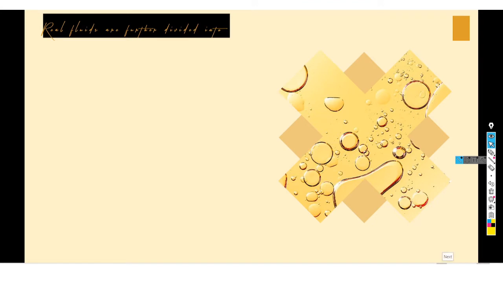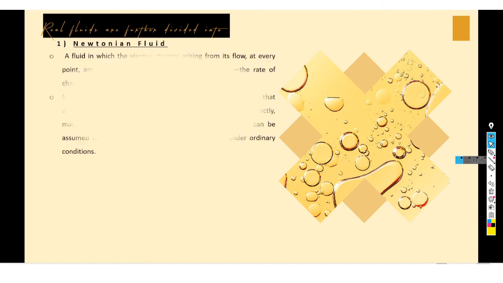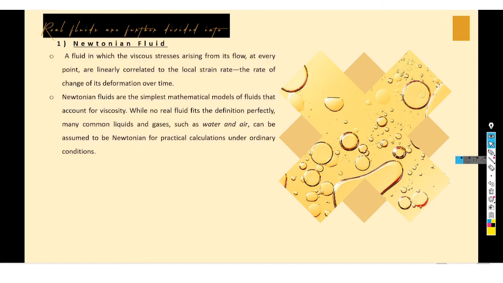Real fluids are further divided into, one, Newtonian fluid, which is a fluid in which the viscous stresses arising from its flow at every point are linearly correlated to the local strain rate, or the rate of change of its deformation over time.